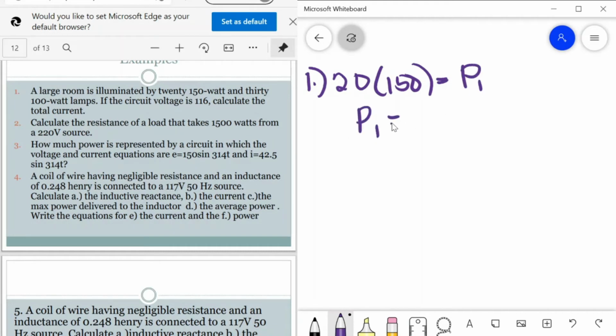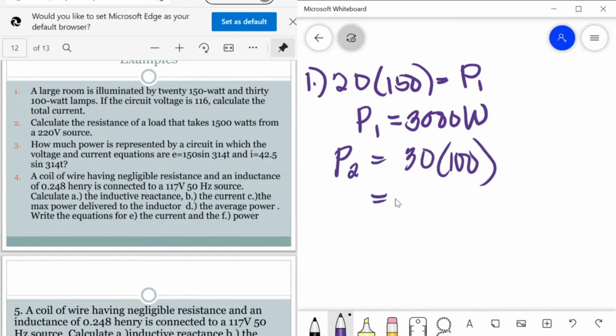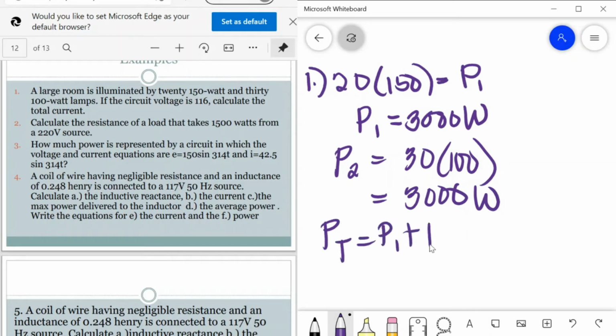So P1 is equal to 3,000 watts. Then we have 30 times 100. So that is also 3,000 watts. The total power will be P1 plus P2. So that is 6,000 watts.